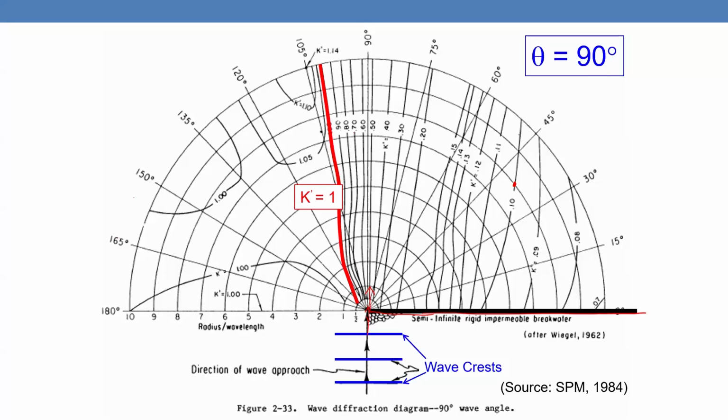Of course, further away, the wave will be smaller, and in this area the wave will be larger. Outside, most of it is 1. Occasionally in this region you have a little bit greater than the original, 1.05 and 1.10. That's how you read the diagram.